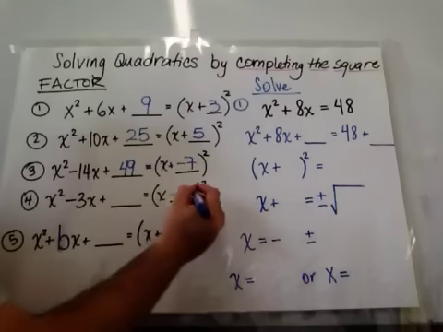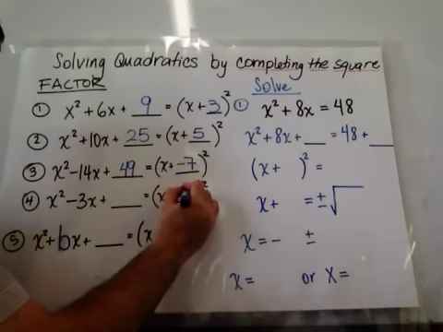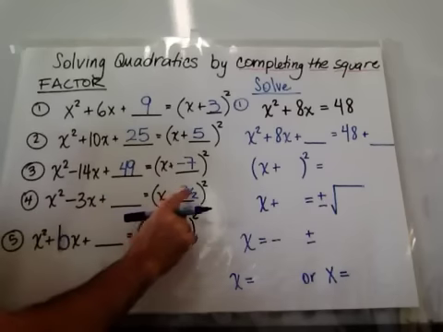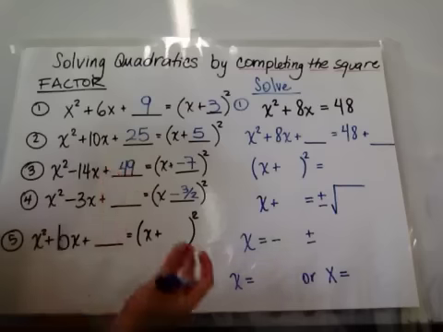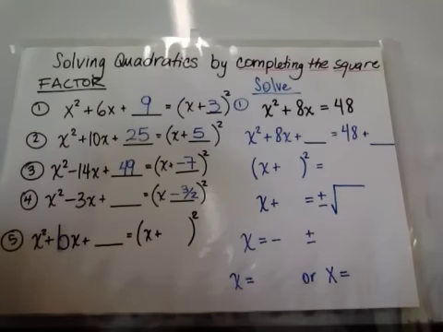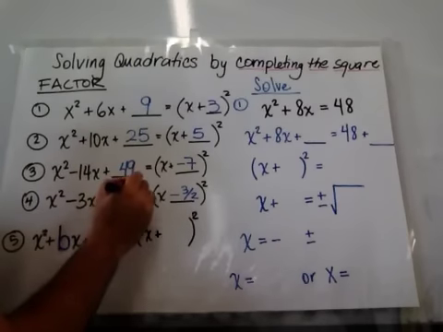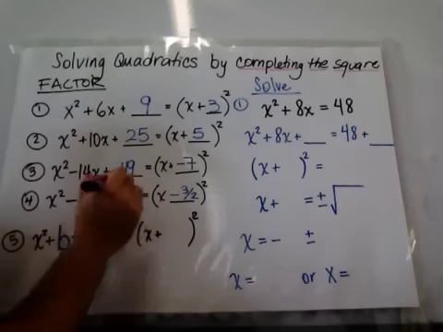Let's put negative 3 halves. And what goes here is this one squared. A negative times a negative is a positive. 3 times 3 is 9. 2 times 2 is 4. So we have positive 9 fourths.